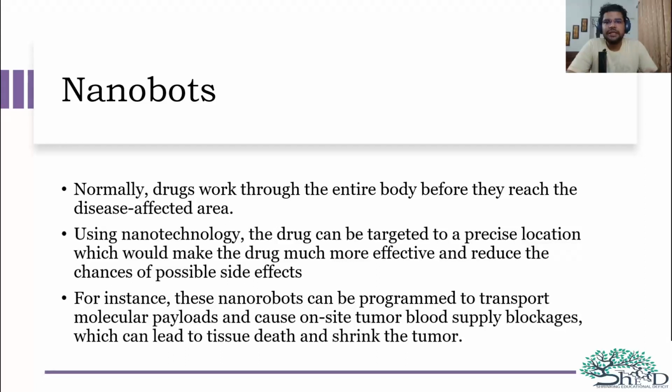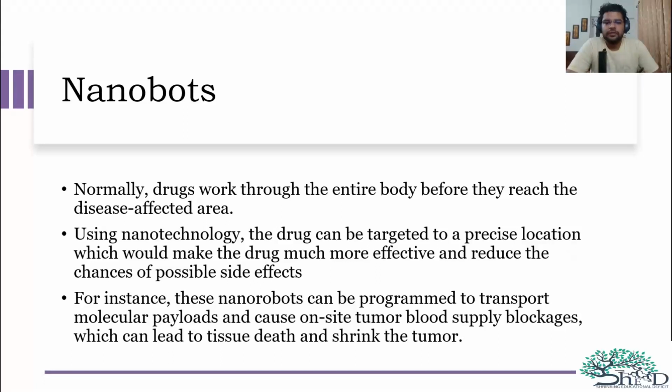Here, the drug can be sent directly to the affected location, which will obviously reduce the time taken, and the best benefit would be that it will reduce the side effects also. Because now when you take a medicine, it enters the blood and goes around to every organ. So extensive testing also has to be done to make sure that any medicine, when released to the public, does not affect normal organs in a negative way.